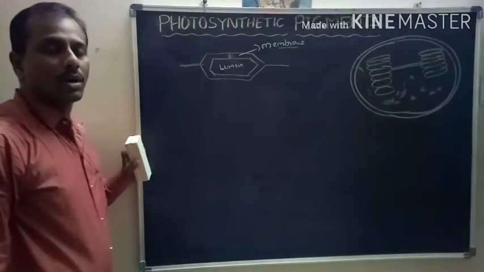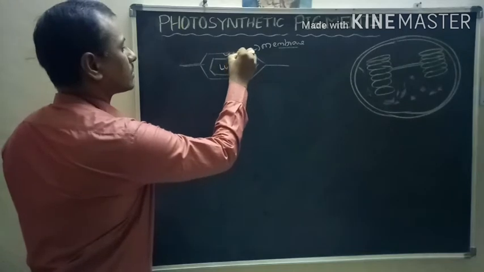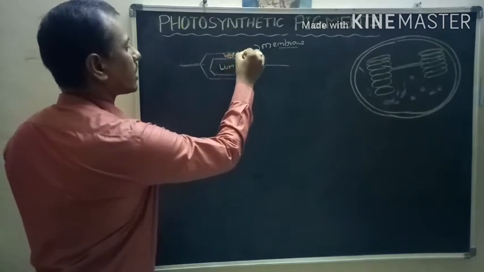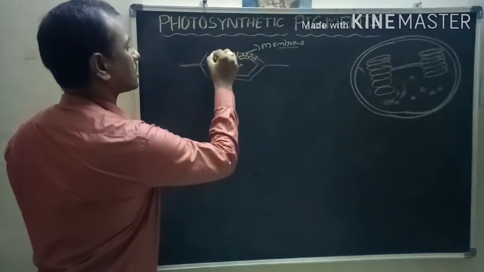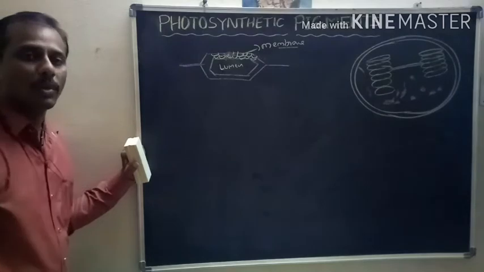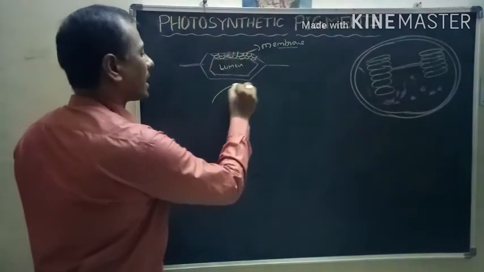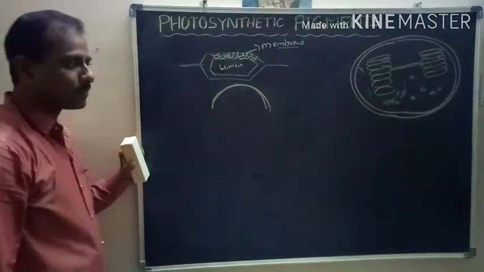According to the quantosome concept, the membrane contains a number of integrated globular structures. These are the integrated globular subunits, and they are called quantosomes. This is a single quantosome.